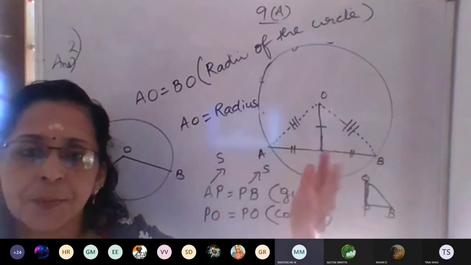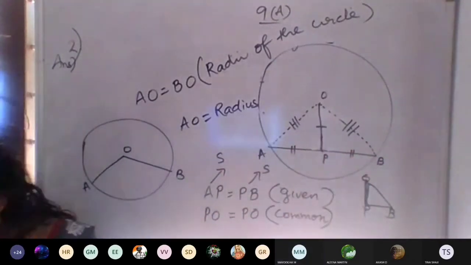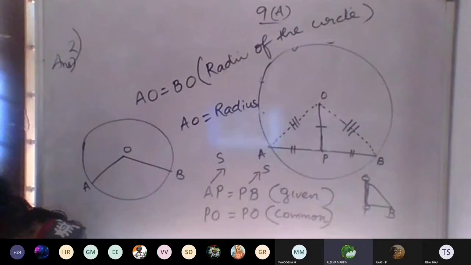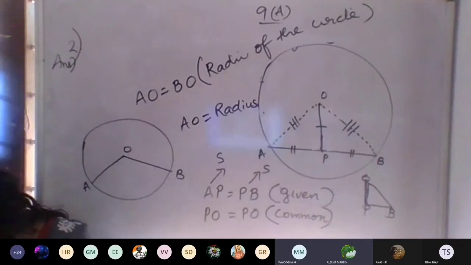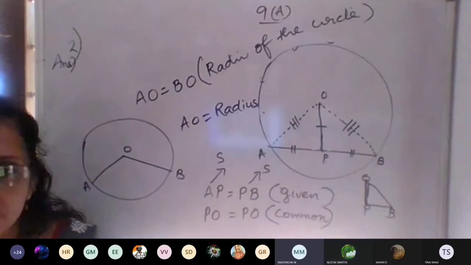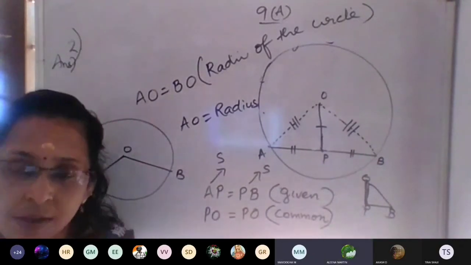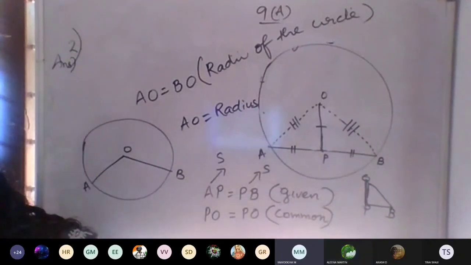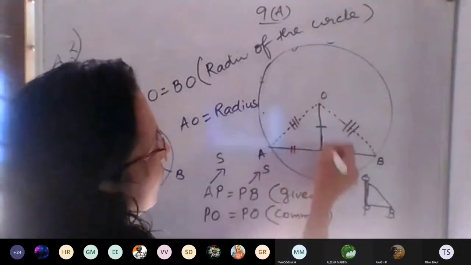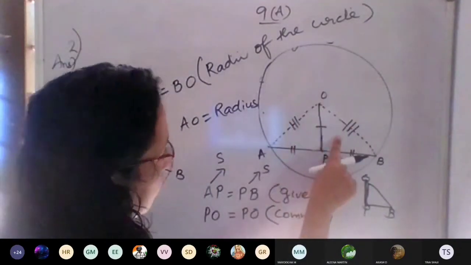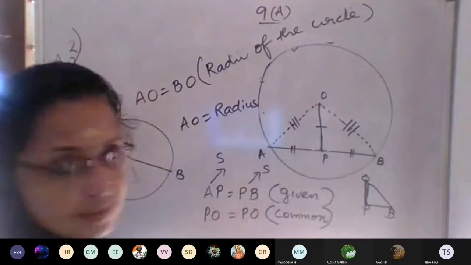So we can say triangle AOP is congruent to triangle BOP, using the reason SSS.